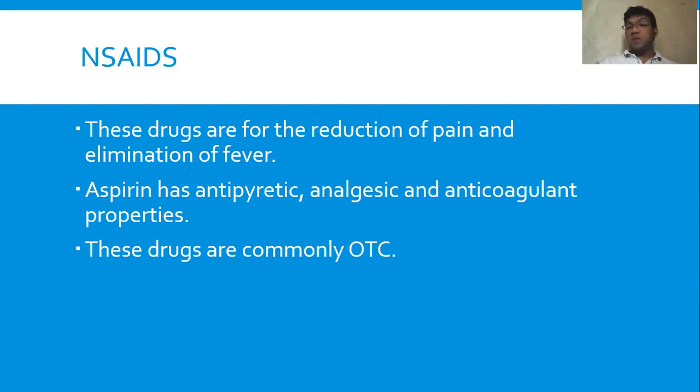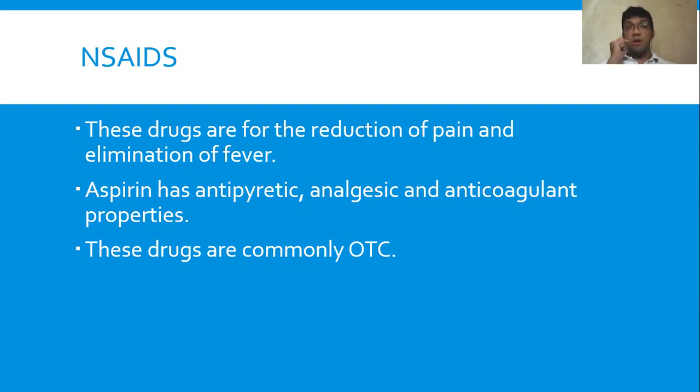Aspirin has three properties. They are antipyretic, analgesic, and anticoagulant. That's why for patients who are suffering from dengue hemorrhagic fever, aspirin is contraindicated. It's contraindicated because it has anticoagulant properties.